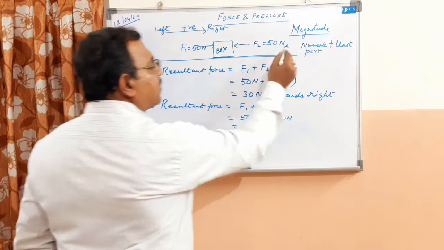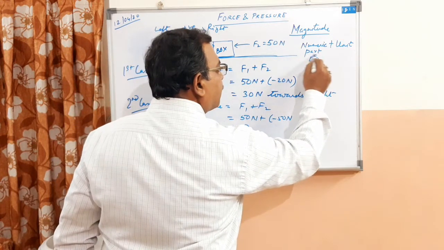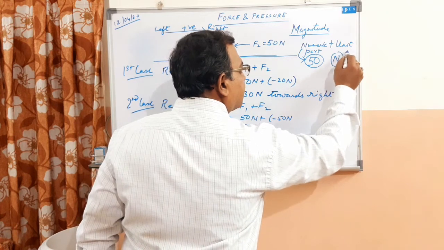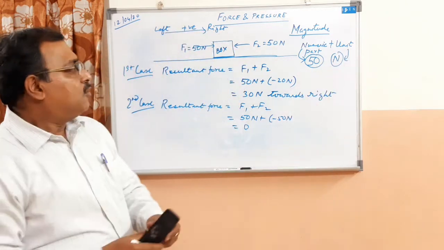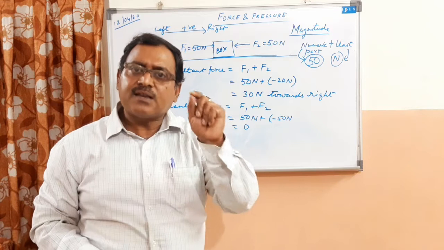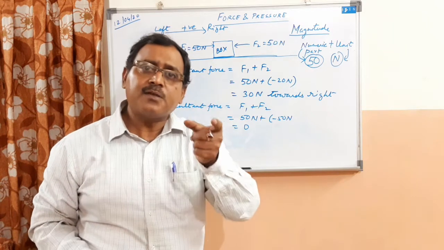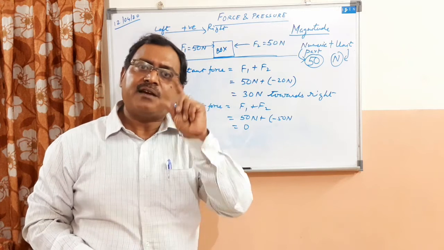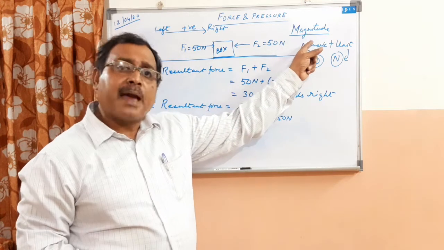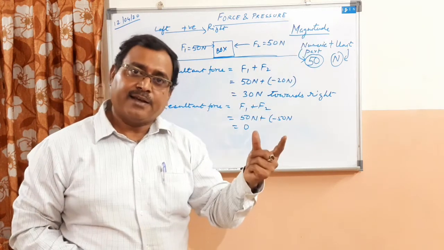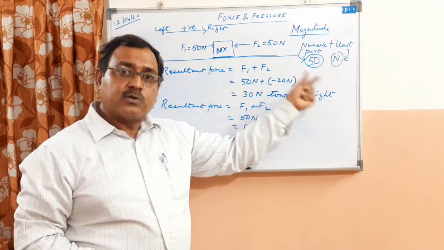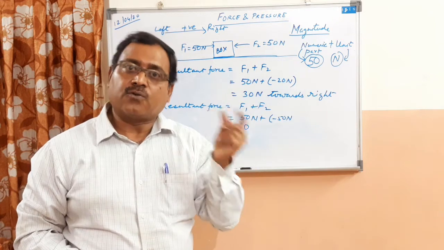So whenever I am writing 50 Newton, 50 is the numeric part and Newton is the unit. So any physical quantity means a quantity which can be measured. Any physical quantity can be described with a magnitude in a better way. So whenever I am saying 50 Newton force, that means 50 Newton is the magnitude of the force.